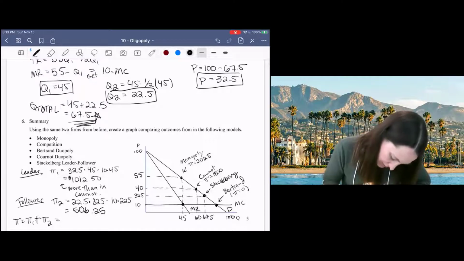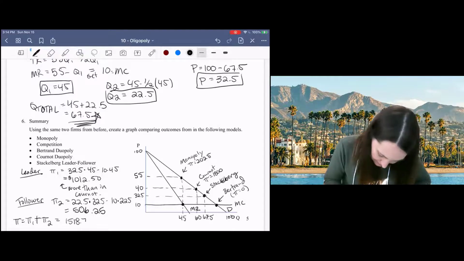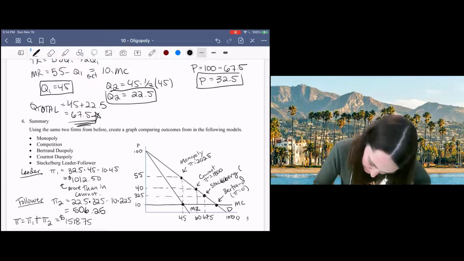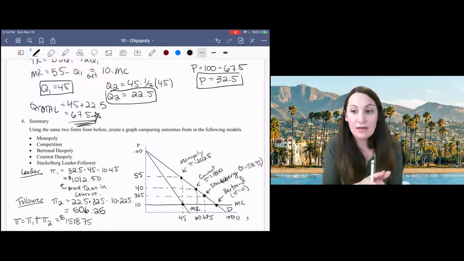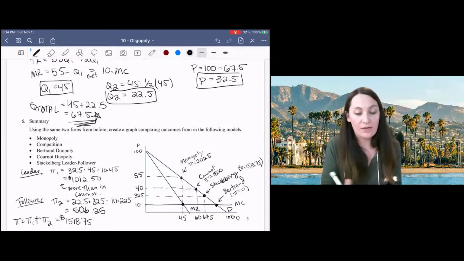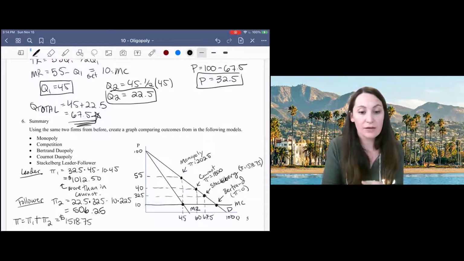Our total profit here is 1,518.75. So although the leader makes more profit in the Stackelberg model and the follower will make less profit, the total market profit is lower than in the Cournot model.